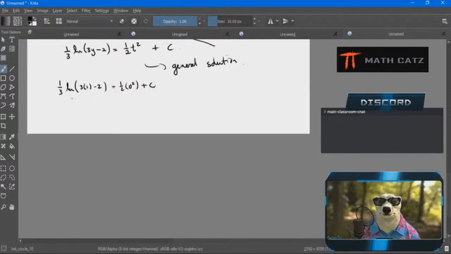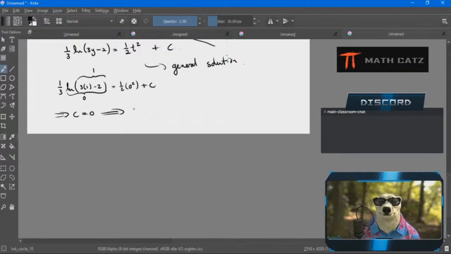Not a lot of space left. Let me just simplify this guy. This in the bracket is a 1. Log of 1 is the power of e that would give me an answer of 1, which is 0. So that means that c is 0.